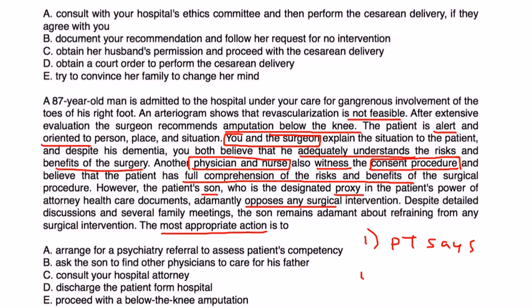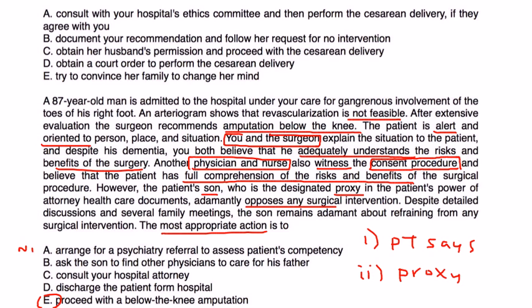Yes, the number 3 thing is the healthcare proxy, and in this case the son is the proxy and he says no, but the fact that the patient says yes overrides that legally. So you have to go with what the patient says, and that is choice E, proceed with the amputation.